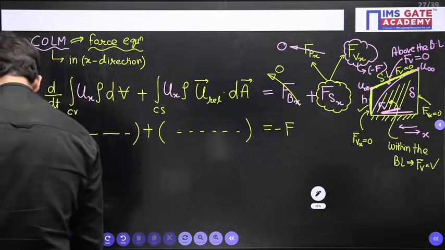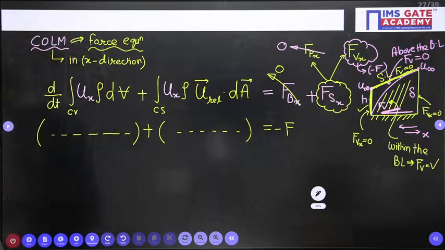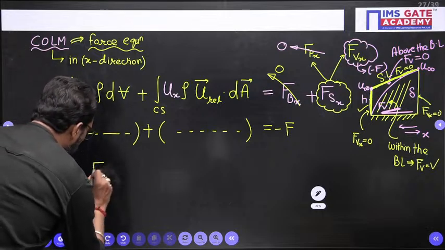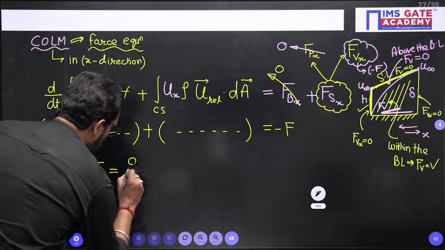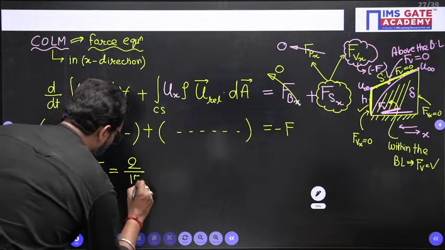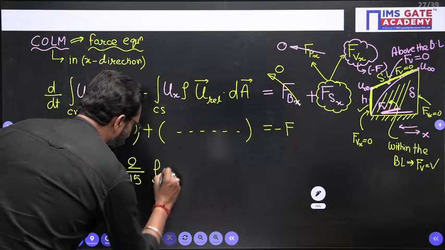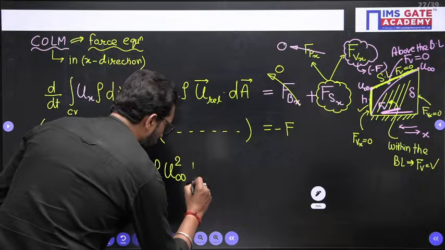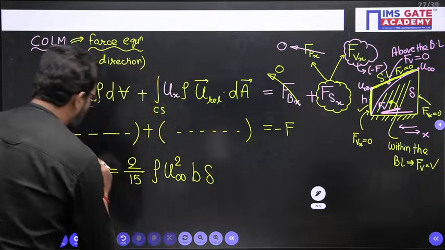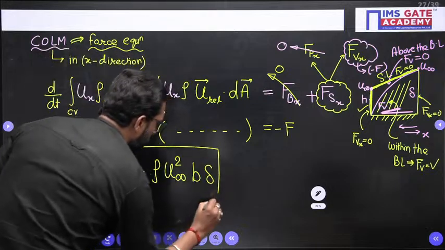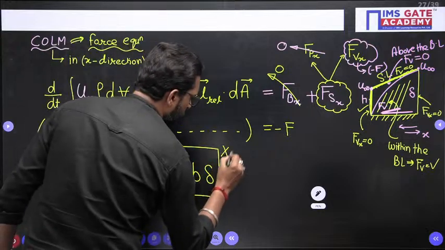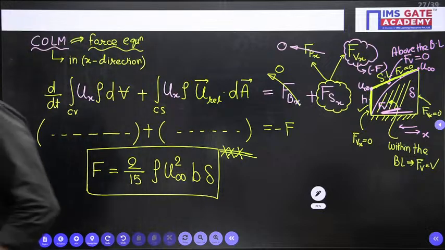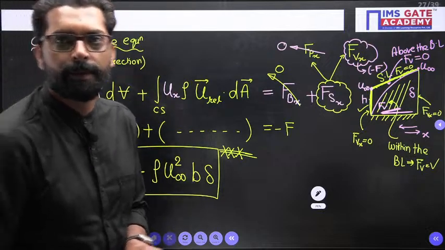If you calculate this term, the answer is F: 2 by 15 rho U infinity whole square b into delta. That's it. Is this clear now?